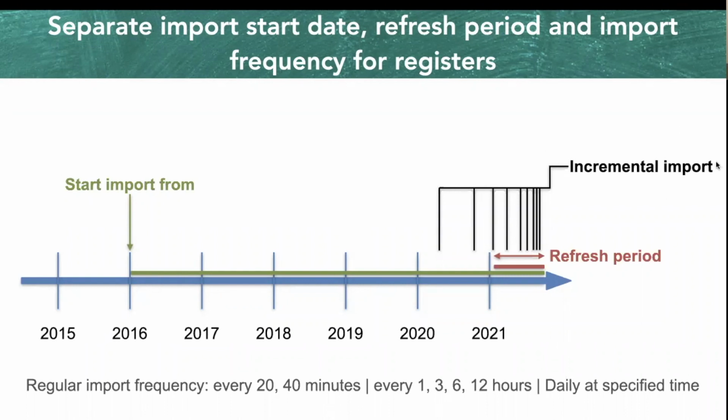Then, for the vast majority of accounts, incremental import is enabled by default. You set up an account, and you will have incremental import. So the first import runs and imports all the data, and then incremental import starts, meaning it will pick only the changes that have been made.